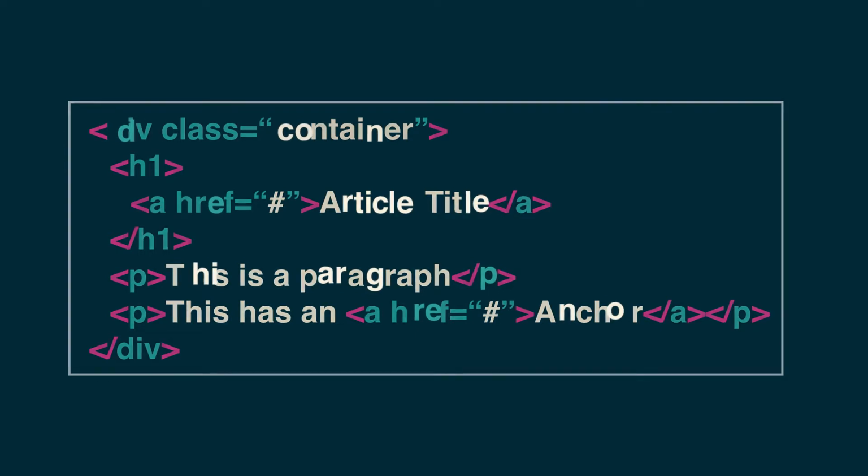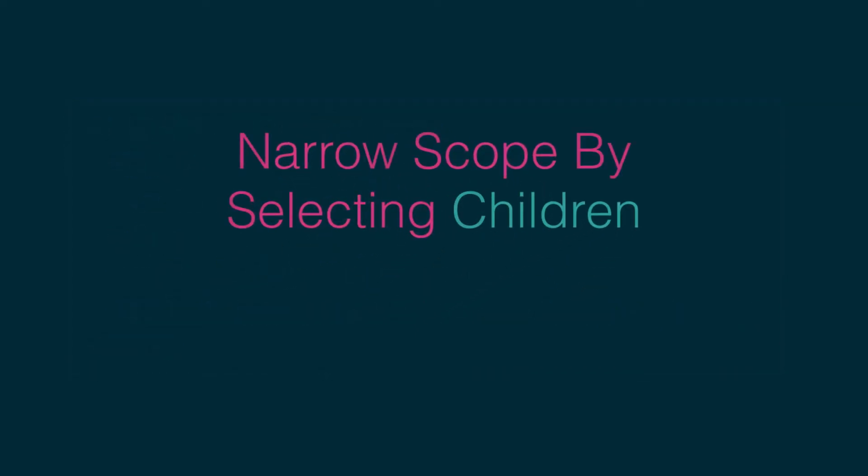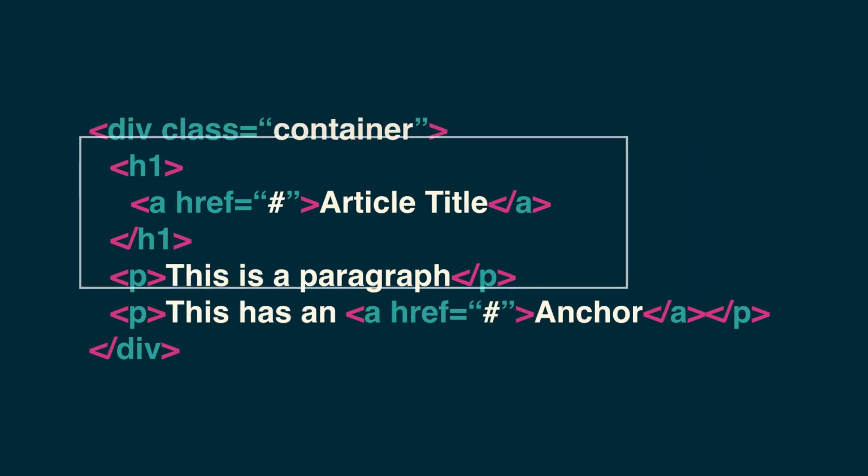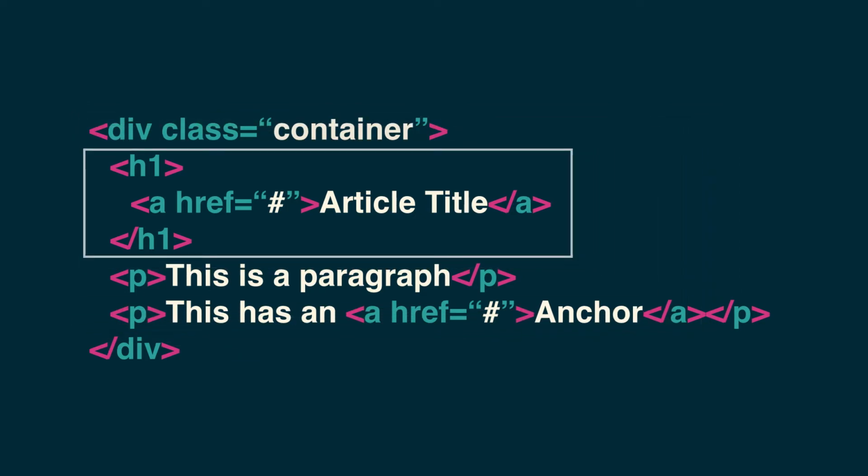So how are we going to narrow scope by selecting children? All of the parent and child stuff that we went through before, hopefully now it's going to come into effect. So going back to what we have now, how can we target something more specific?